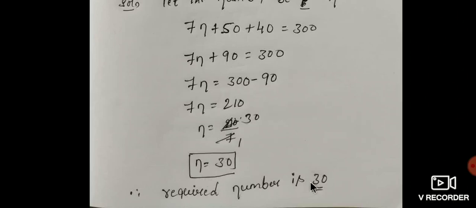Therefore the required number is 30. Yes, correct? Yes. So this is the last problem in exercise 4.4. So dear students, in this chapter we discussed a total of 4 exercises: 4.1, 4.2, 4.3 and 4.4.